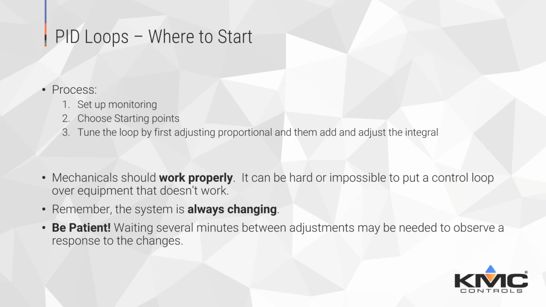As you see us work through the slides here, in our example, we want to adjust the proportional value maybe a few times to get the response where we want it before we add any integral. We don't want to just throw P and I at something and hope for the best and then come back. If we don't get the response that we would expect, we don't exactly know what to fix if we're changing multiple things at one time.